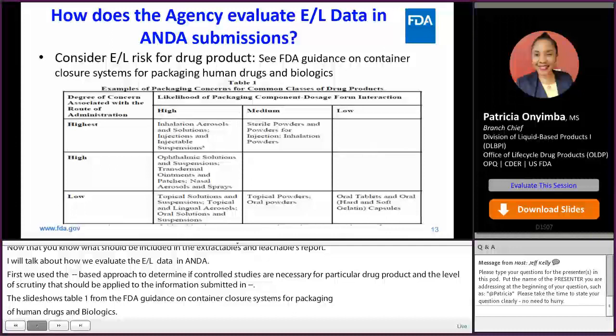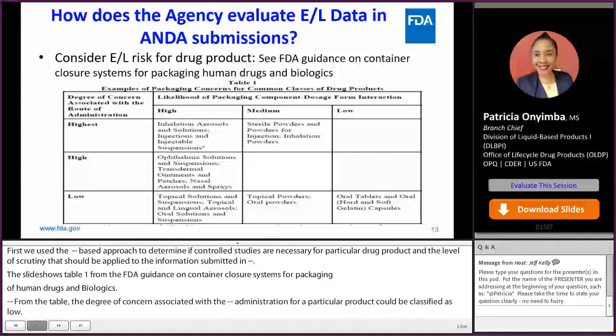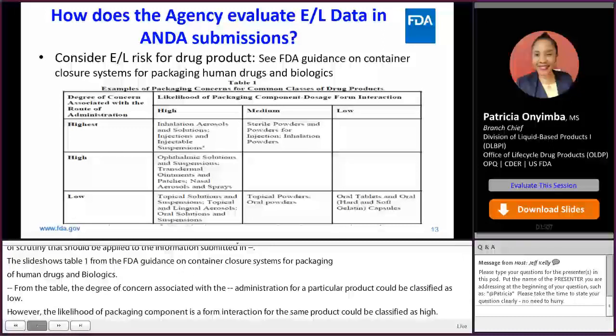And as can be seen from the table, the degree of concern associated with the route of administration for a particular product could be classified as low. However, the likelihood of packaging component dosage form interaction for the same product could be classified as high.